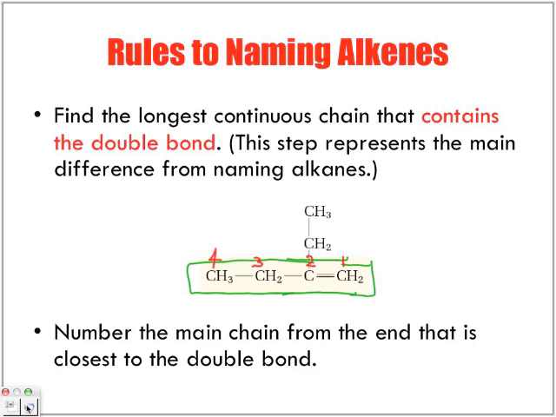Bananas, based on the alkane, was butane. But because this contains the double bond, it's not a butane, it's a butene. Now, the other thing to keep in mind is where is the location of the double bond?